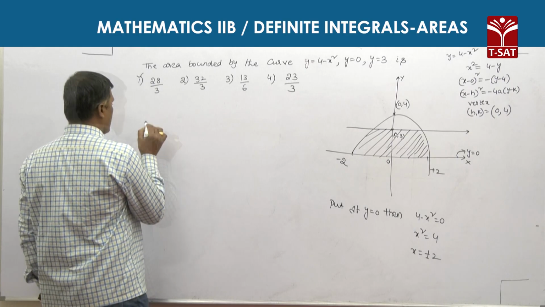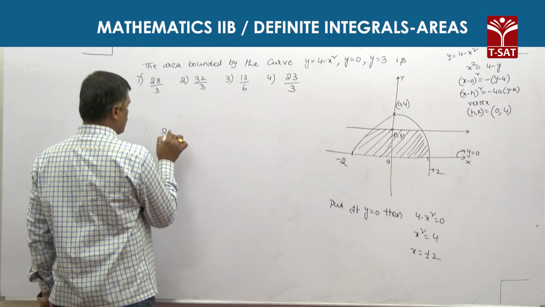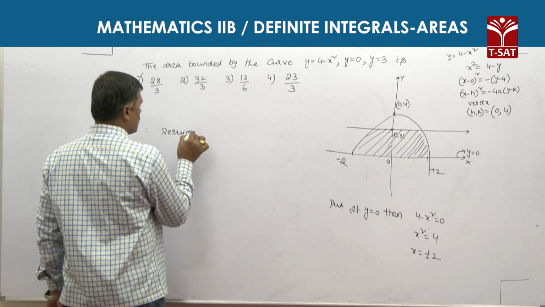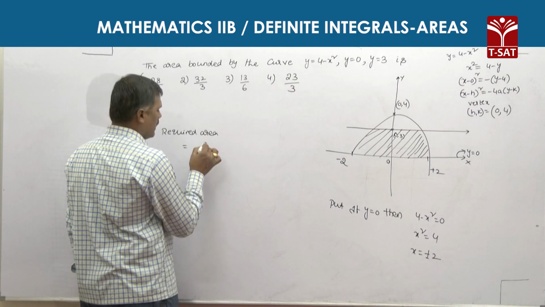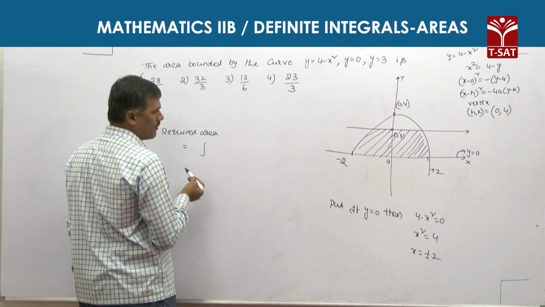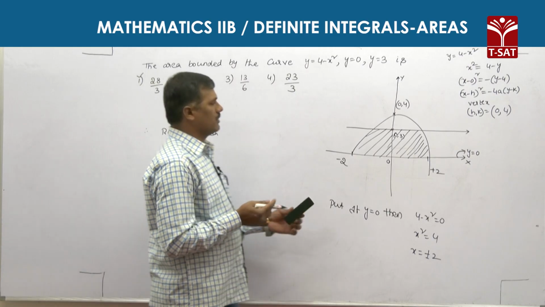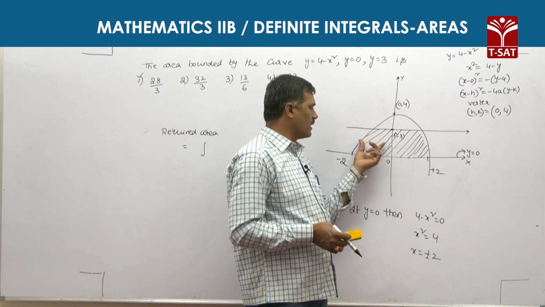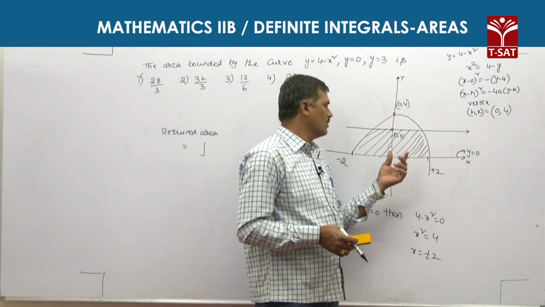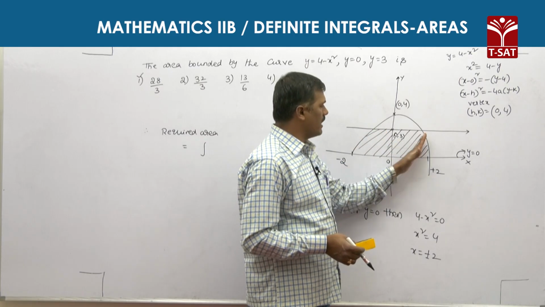Therefore, the required area is equal to the integral from minus 2 to 0, one part of the region, and 0 to 2, the other part with equal area.